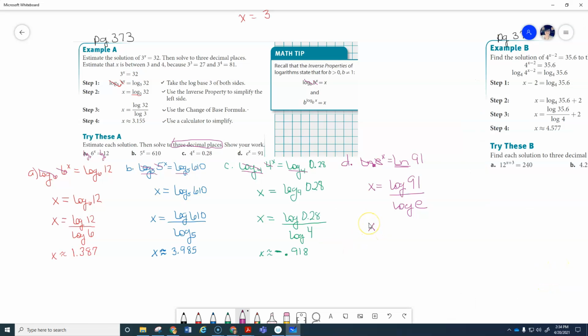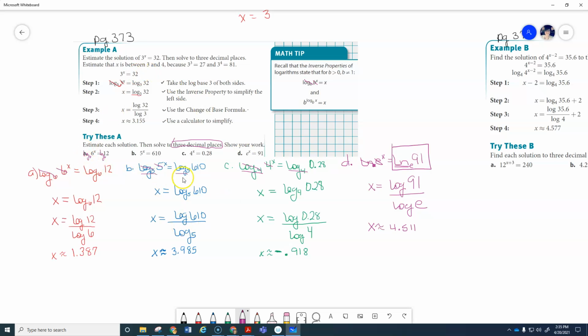So I would write x is about 4.511. And I got that by typing in either natural log of 91, or common log 91 divided by common log of e, because remember, that's a base e right there.